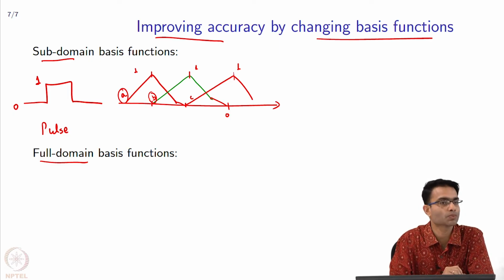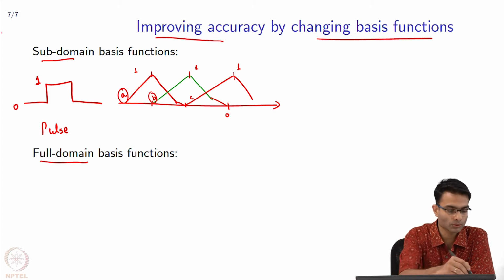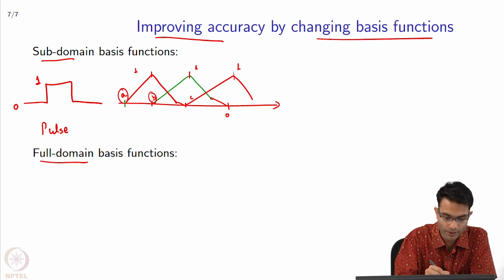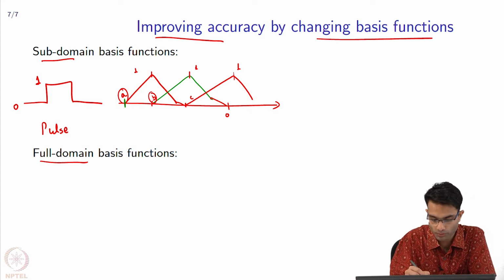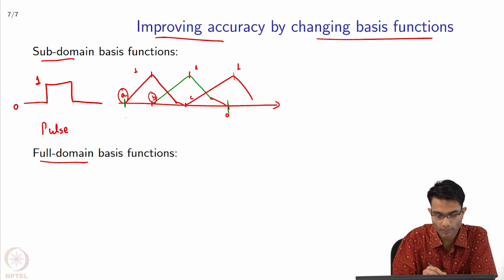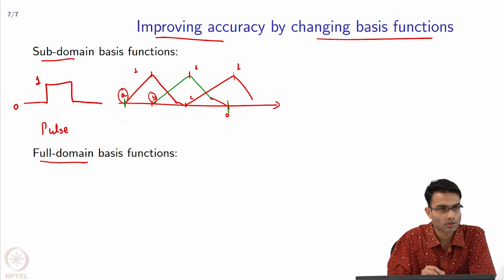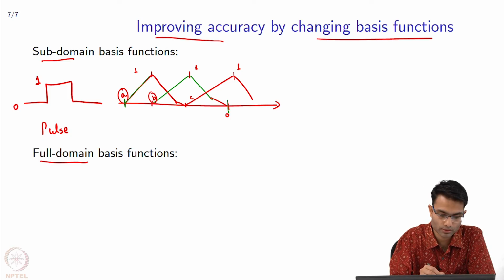Supposing I add these two basis functions, what will the result look like? Let's start from here and go all the way up to here. I'm adding A and B. When I start from here, B is 0, so this will go like this.